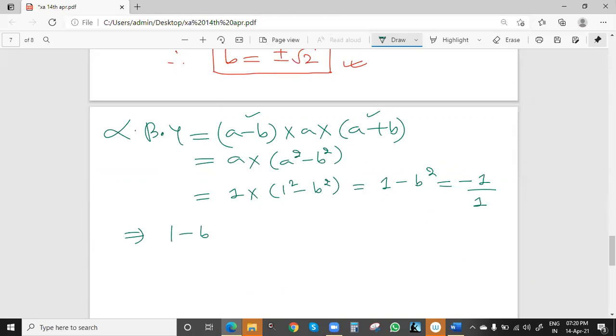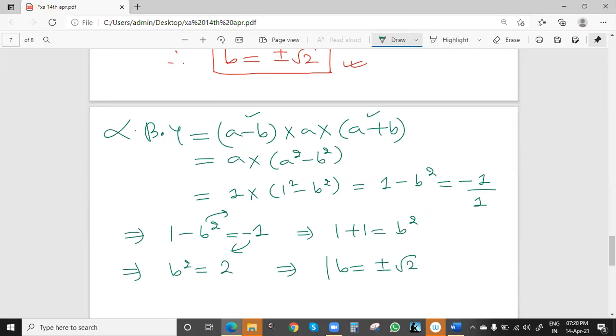So 1 minus B square equal to minus 1. So B square will go to the right hand side, minus 1 will come to the left hand side. So 1 plus 1 equal to B square. So B square equal to 2, and hence B equal to plus minus root 2.